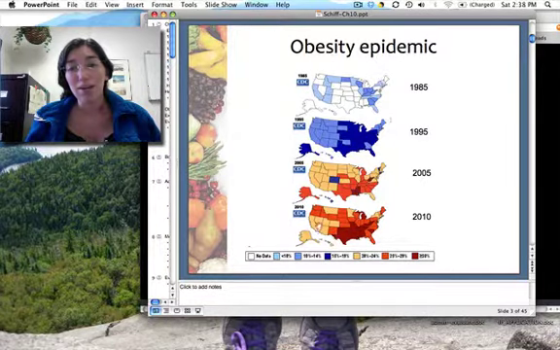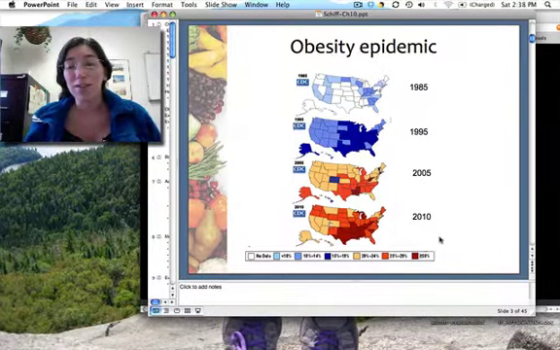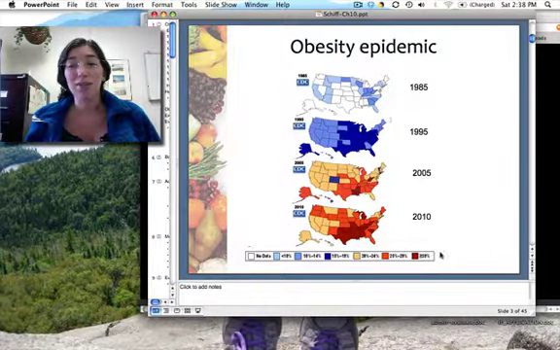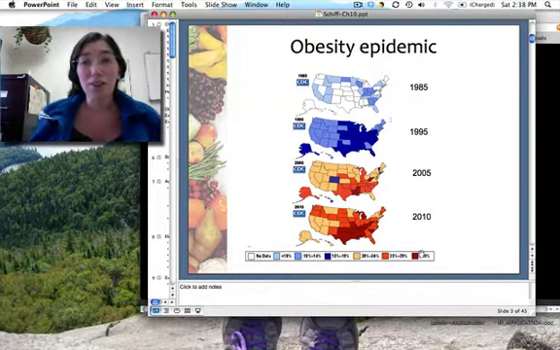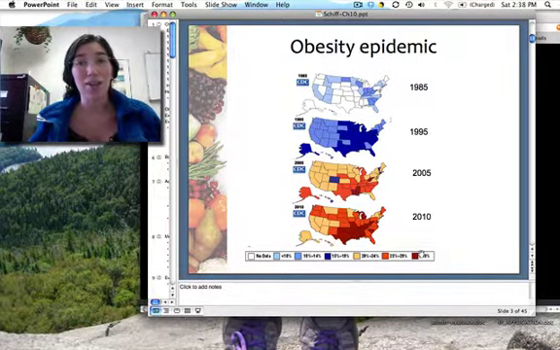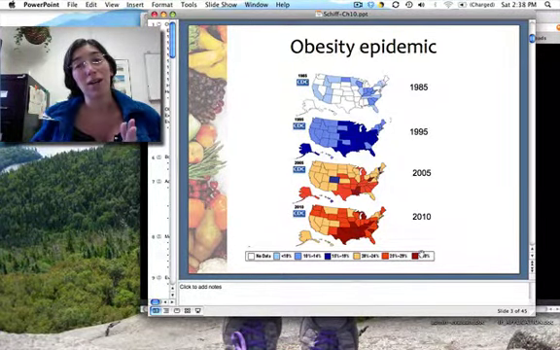Now, there is no state that has less than 20% of people who are obese. Our obesity rates have nearly doubled. On average, 30%, a third of Americans, are obese. Another third are considered overweight. So only a third of Americans are considered at a healthy body weight or underweight.